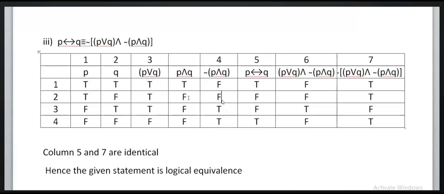What is its negation? Its negation is true. Now what is the next? It is again implied here. That is AND between these two. Therefore, here is a true.